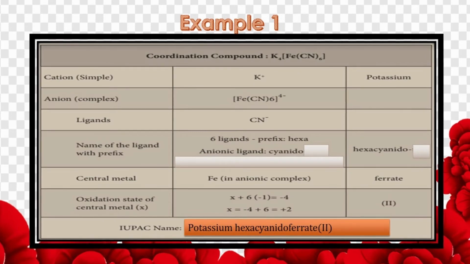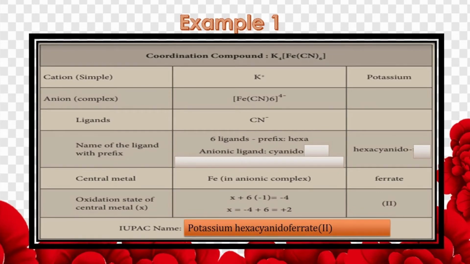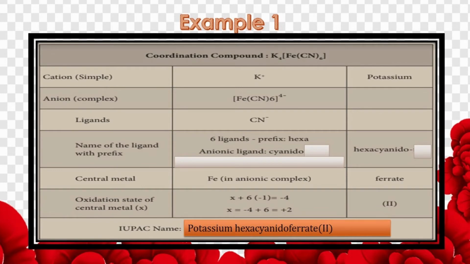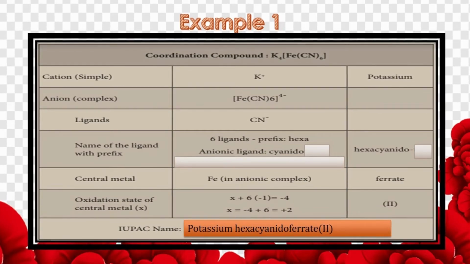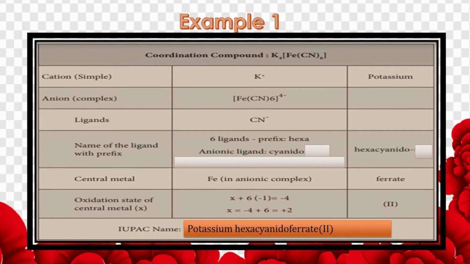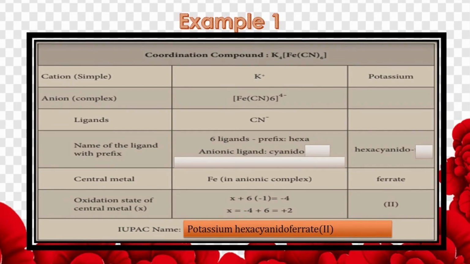Since 6 ligands are there, I will use the Greek prefix hexa. And we know that if it is an anionic ligand, the name of the ligand should end with O, so I will call cyanide as cyanido. The name of the ligand with prefix will be hexacyanido.